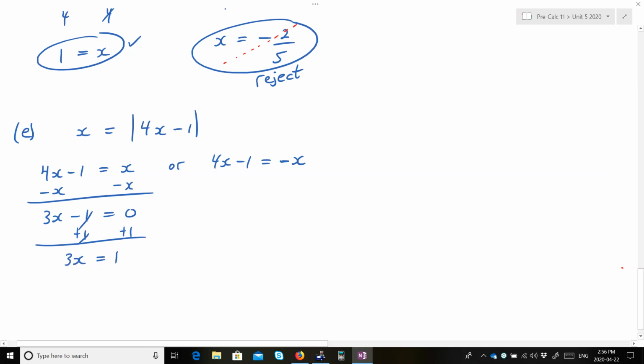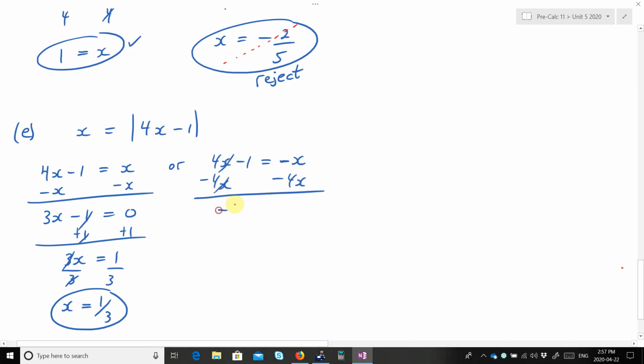So 3x equals 1, divide both sides by 3. x is equal to 1/3. And over here, why don't I subtract 4x from both sides? We will get negative 1 equals negative 5x. So x is equal to 1/5.